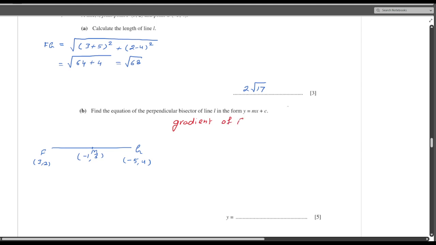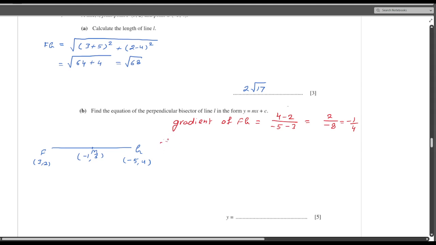Now the gradient of FG is 4 minus 2 divided by minus 5 minus 3. 4 minus 2 is 2 and this is minus 8, that is minus 1 upon 4. The gradient of FG is minus 1 upon 4.